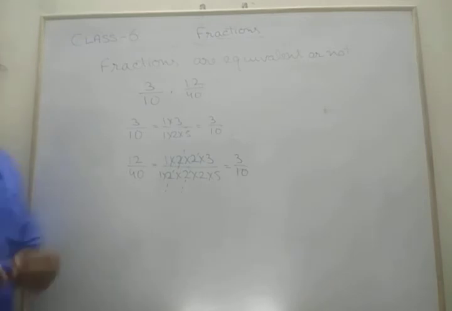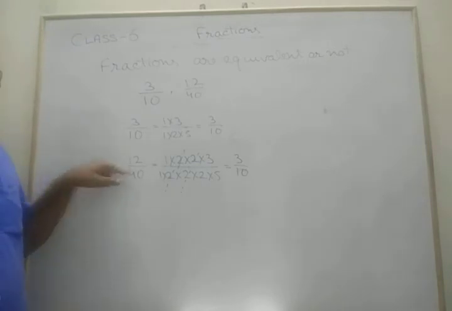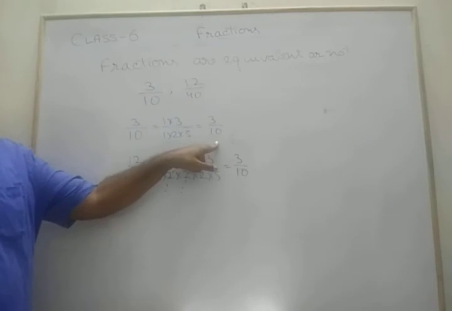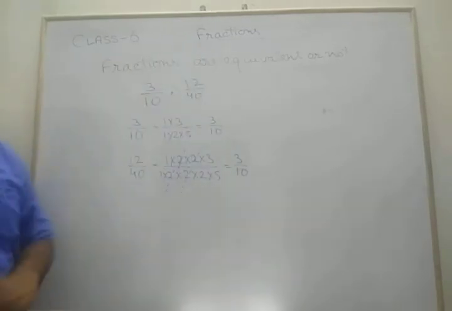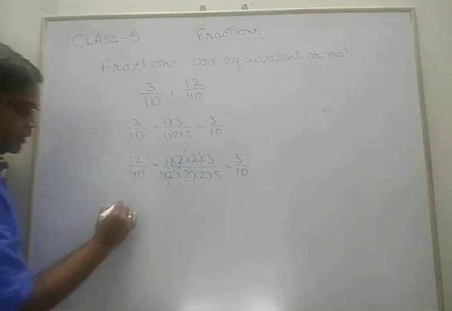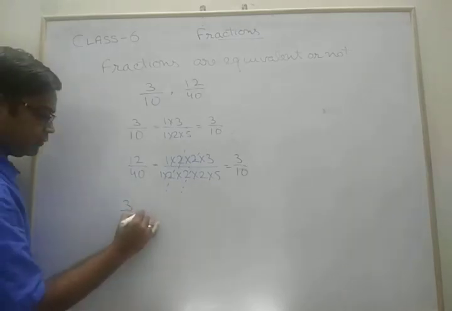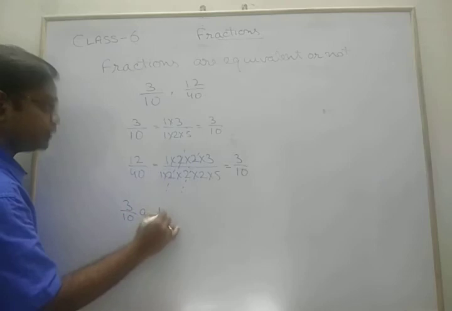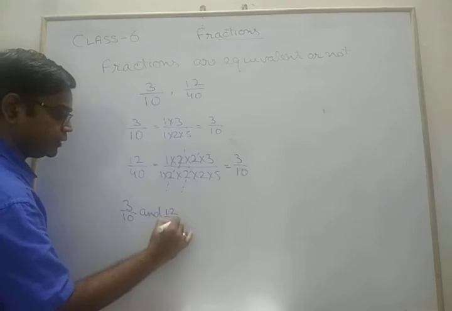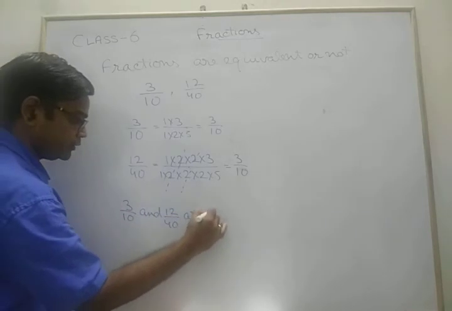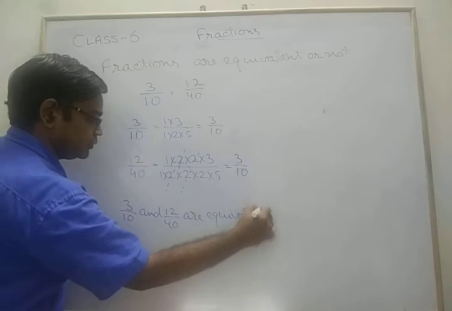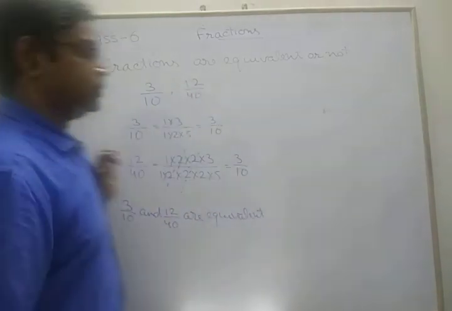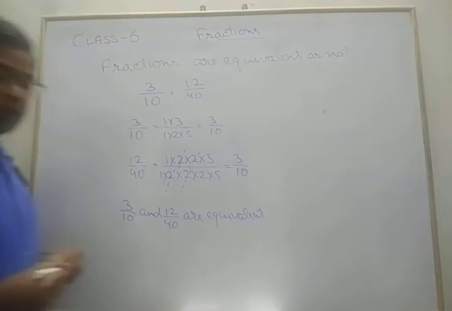So what we observe is that when we simplify both, we have the same fraction in both cases. So these two are equivalent to each other. You must write that 3 upon 10 and 12 upon 40 are equivalent to each other.